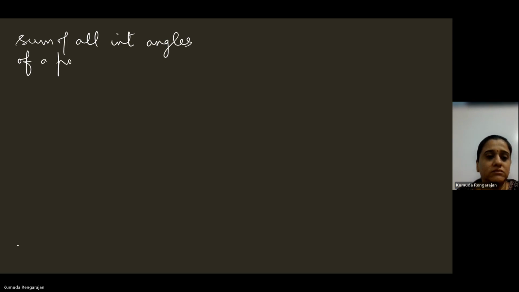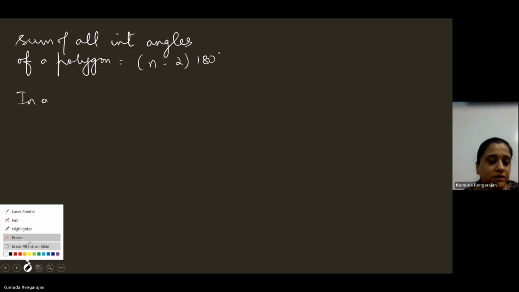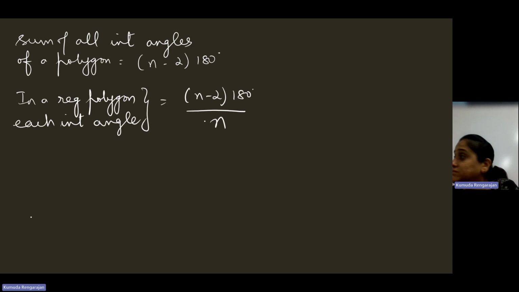Sum of all interior angles of a polygon is equal to n minus 2 into 180 degrees. In a regular polygon, each interior angle will be n minus 2 into 180 divided by n.